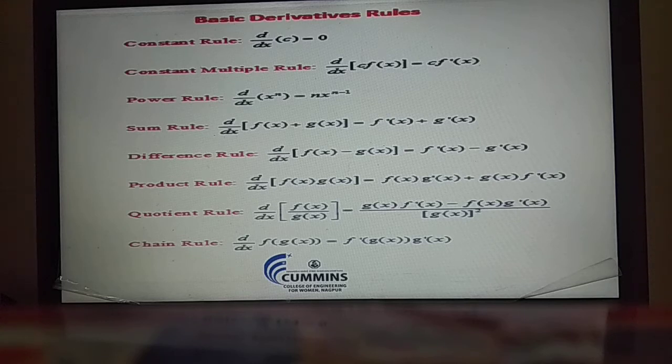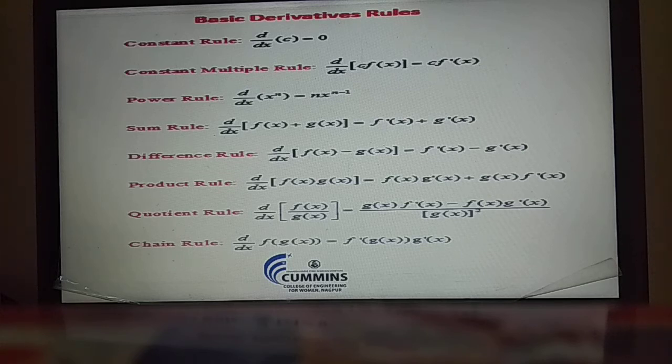If c is the constant, then d by dx of c into f of x equal to c f dash x, where f dash x is the derivative of f of x. Similarly, power rule: d by dx of x raised to n equal to n into x raised to power n minus 1.